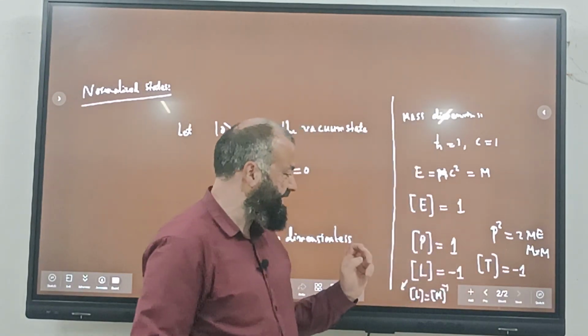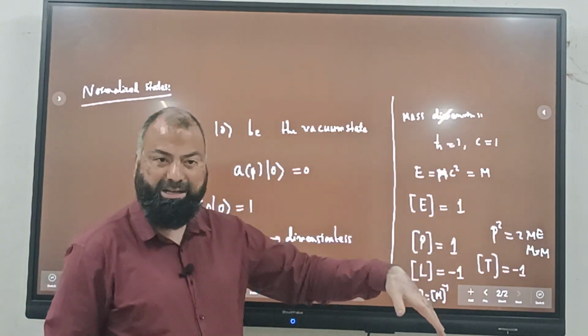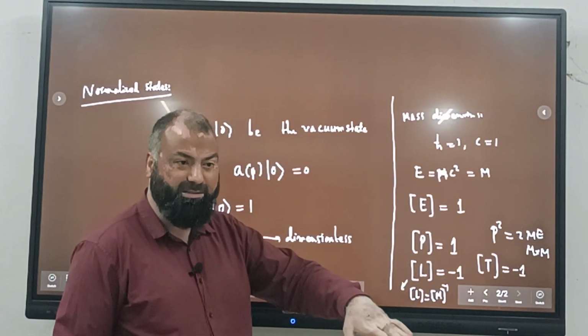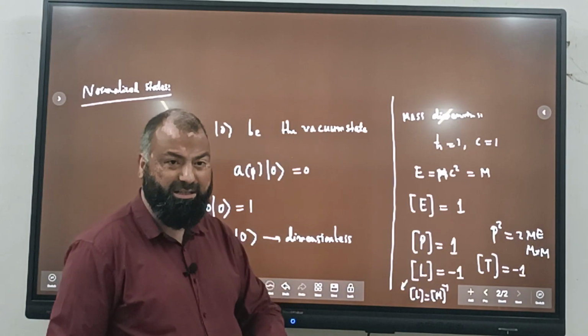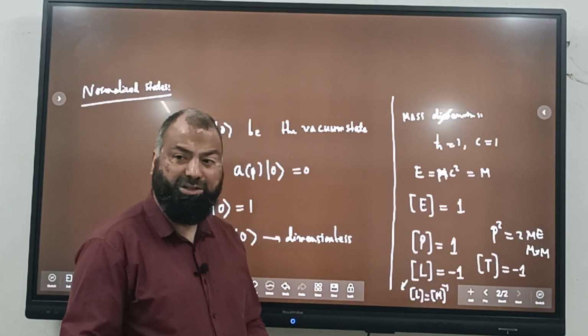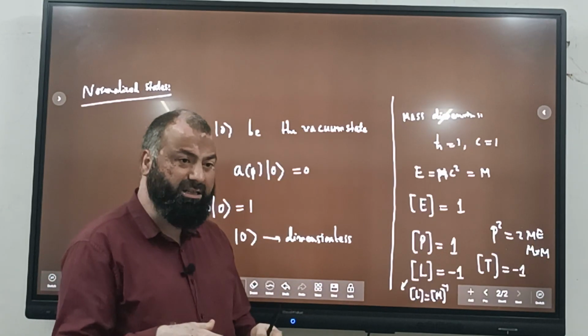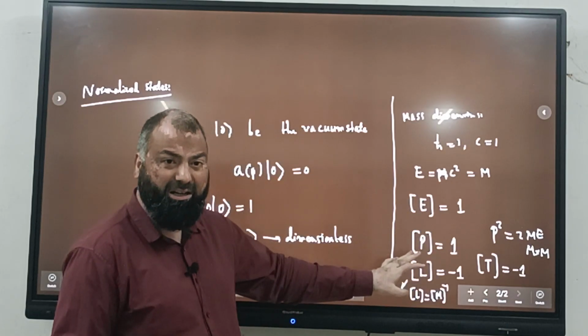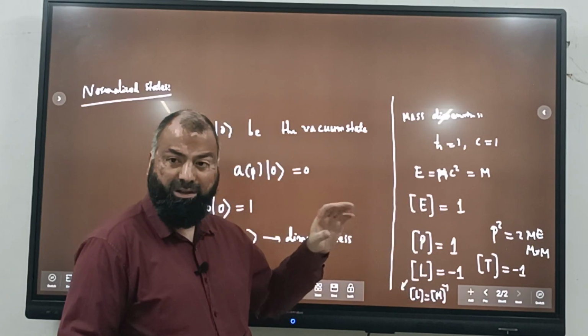That means length and time will scale as m raised to -1, and momentum and energy will scale as m raised to 1. Got it? So this is the idea of natural units. In field theory, it's very useful to take natural units and look at everything in terms of energies or in terms of mass.